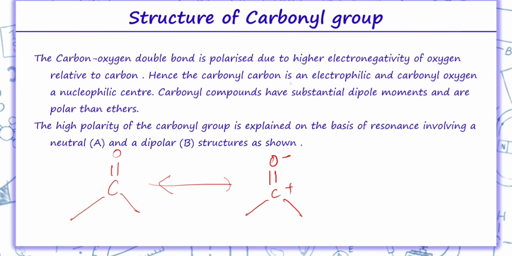Thus, carbon is electrophilic and carbonyl oxygen is nucleophilic. So, the high polarity of carbonyl group is basically explained on the basis of resonance. That is, this first is neutral and this is a dipolar structure which is drawn over here. So this is about the structure of carbonyl groups.